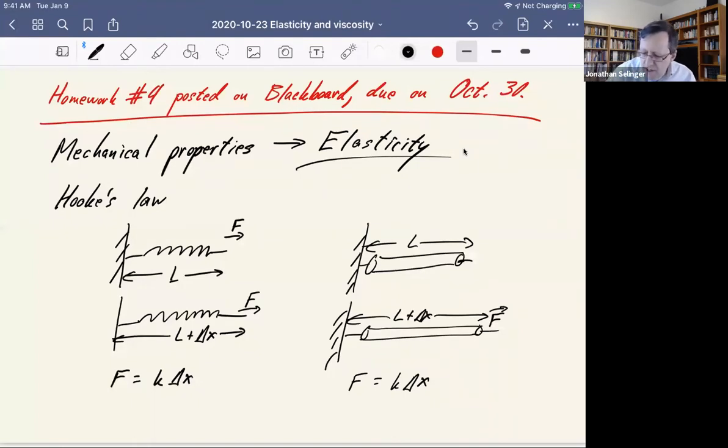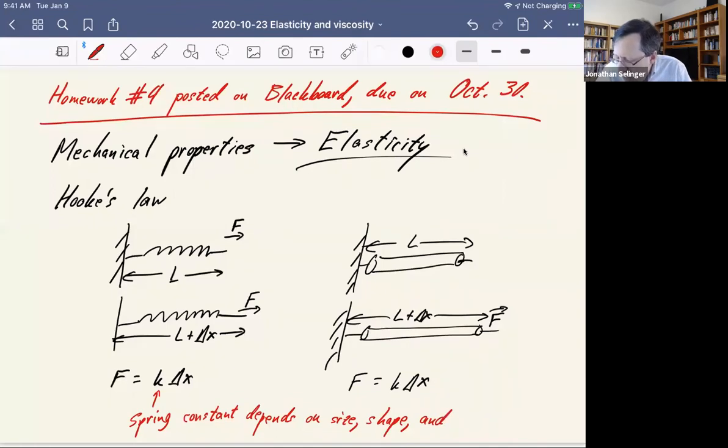All right, so the first thing that I want to emphasize here is that the spring constant, K, doesn't just depend on the material, it depends on the size and shape of the block of material. So it depends on size, shape, and on the material.